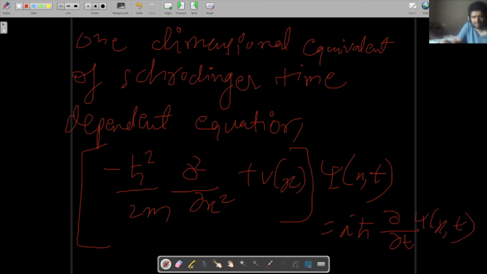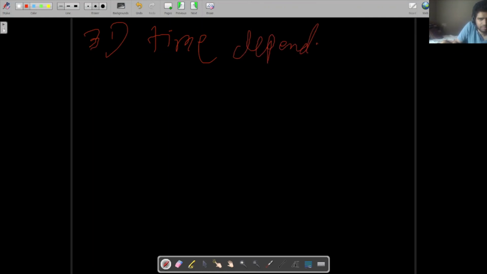This is the one dimensional equivalent. And what is the three dimensional one? The three dimensional one is very clear, the 3D time dependent Schrodinger equation. You must mug up these equations.